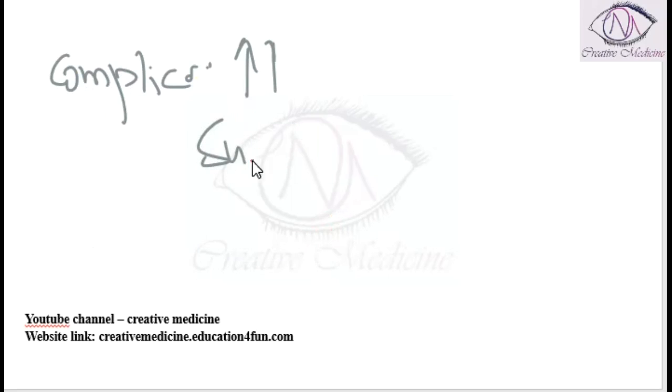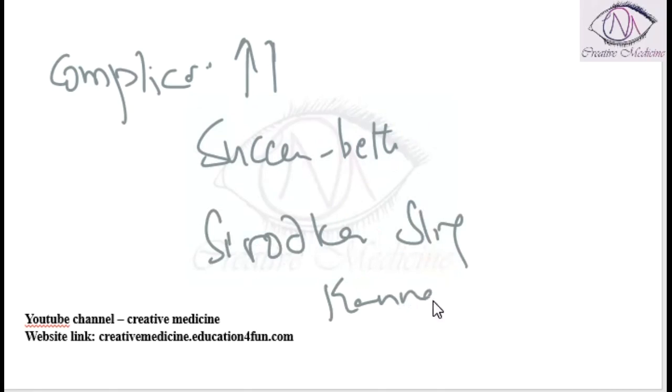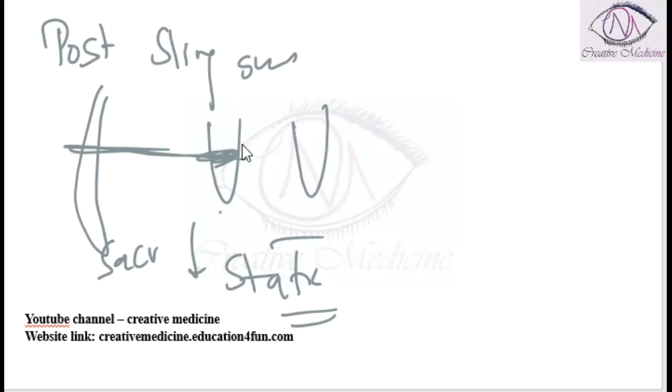Examples of posterior sling are Shirodkar's sling, which is mostly done these days, whereas Khanna's posterior sling is not done these days. So this is the anterior wall, this is the posterior wall. The posterior wall of the isthmus is attached to the ligaments of the sacrum, that is the posterior sling.